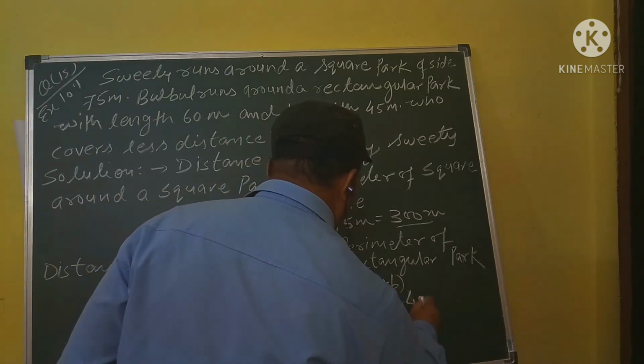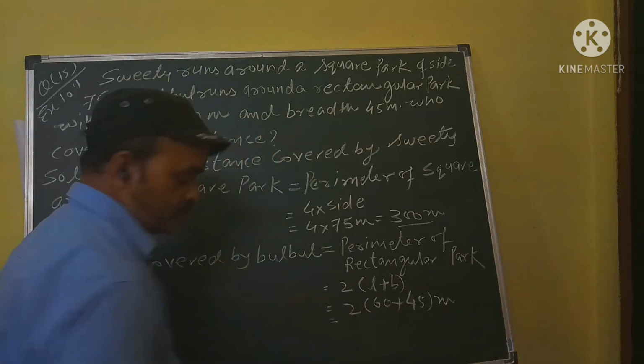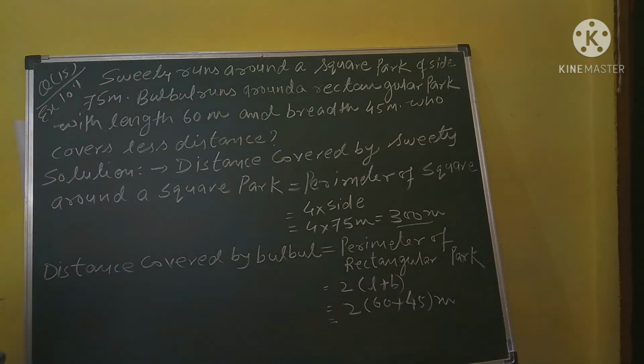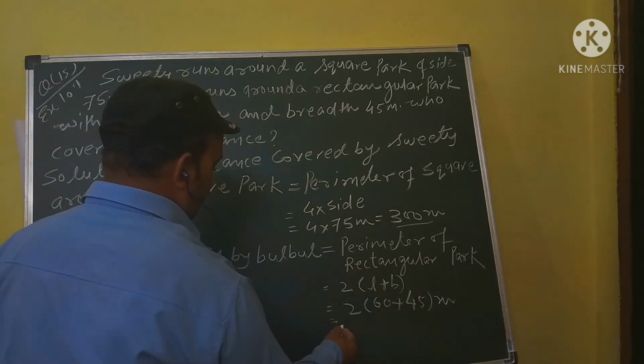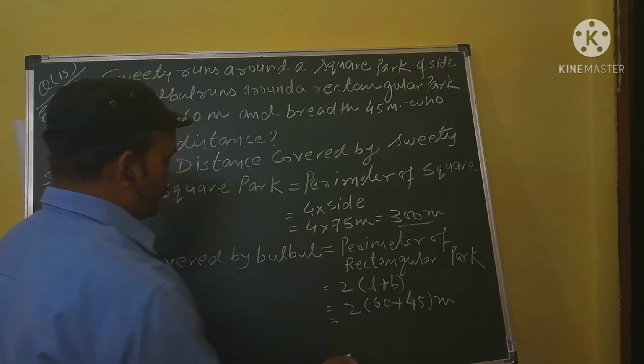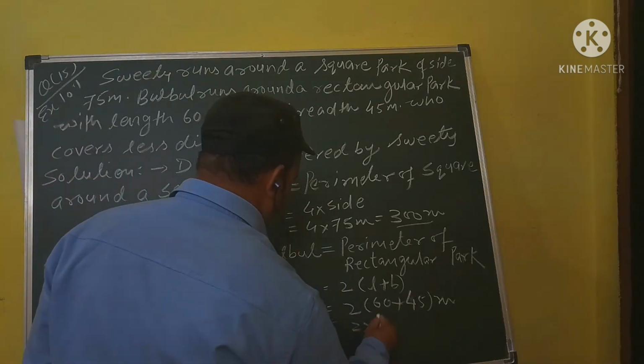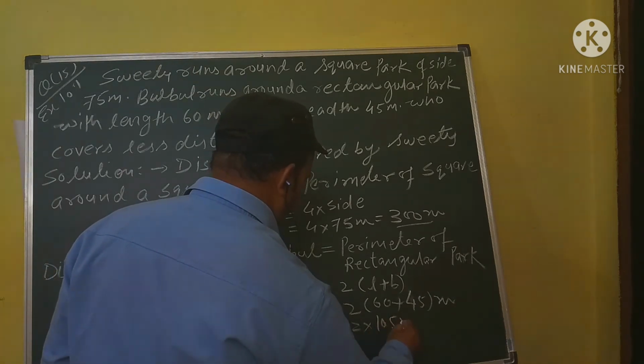Okay, now look here, 60 plus 45 will give you 105 meter.